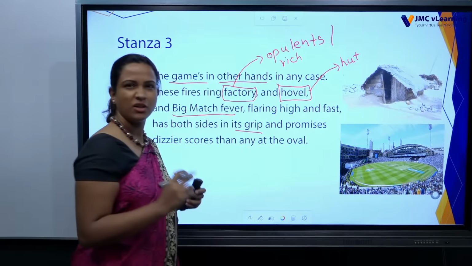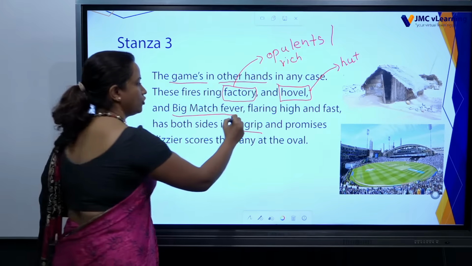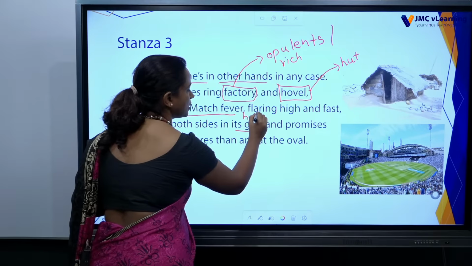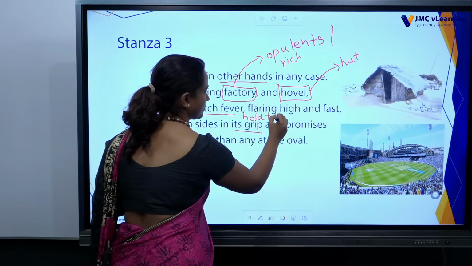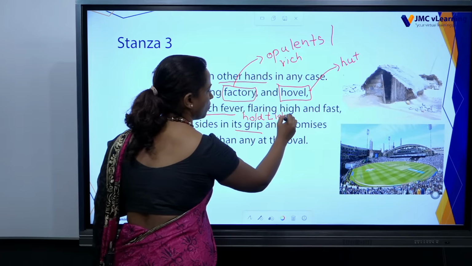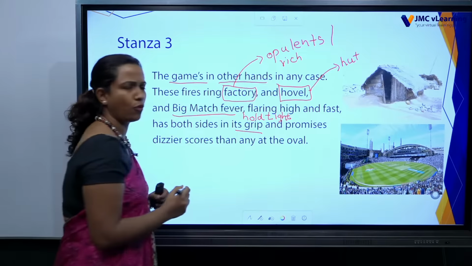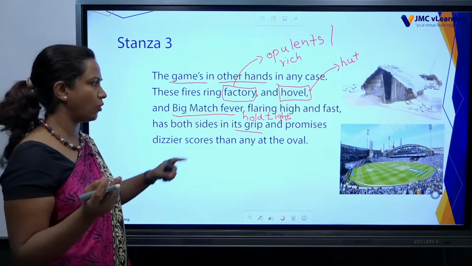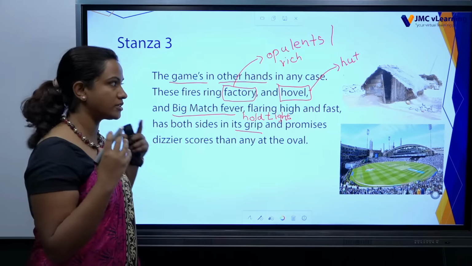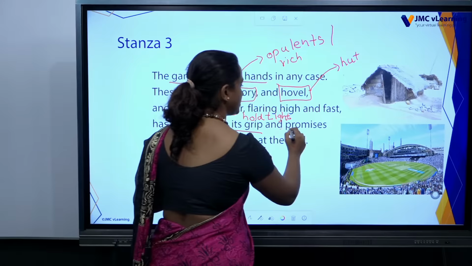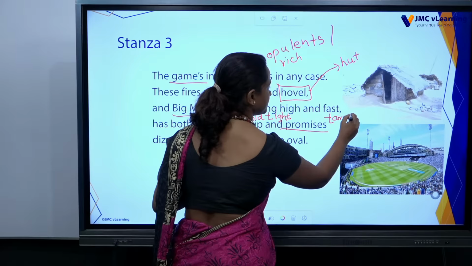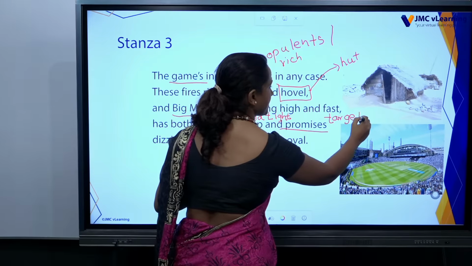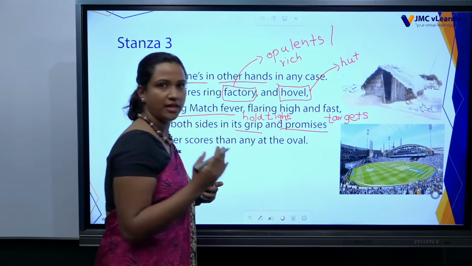Has both sides, has two sides in its grip. What is a grip? You hold tight. What do you really hold tight for? Your promises, your targets. Your promises means your targets, or objectives.